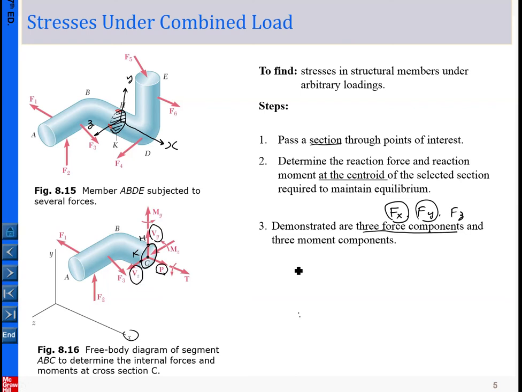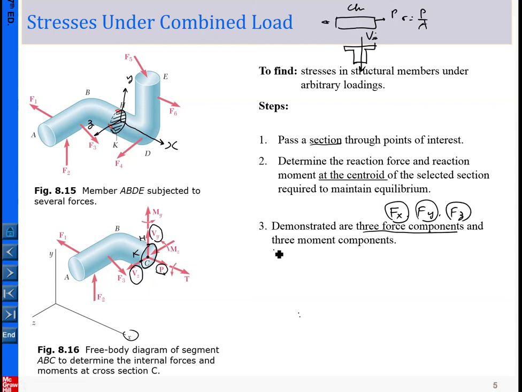From here you can see they adopt the notations from chapter 2, where P over A is the stress, and in chapter 4, where it is V, so here we adopt V. Hopefully you understand this.